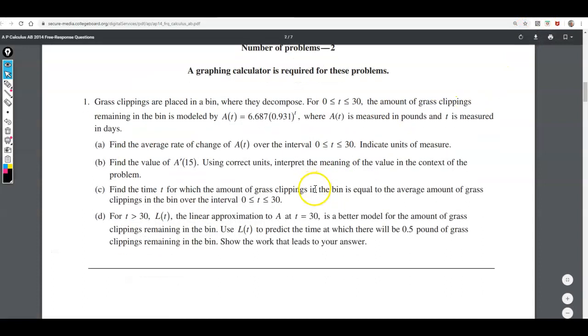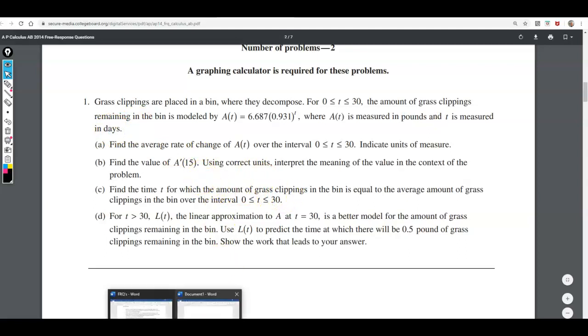But we're not quite out of the woods yet. We have to interpret this. So what does this mean? Well, the derivative, as we saw back in question 1, it's a rate. So it's pounds per day is what we're looking at. And it was negative.